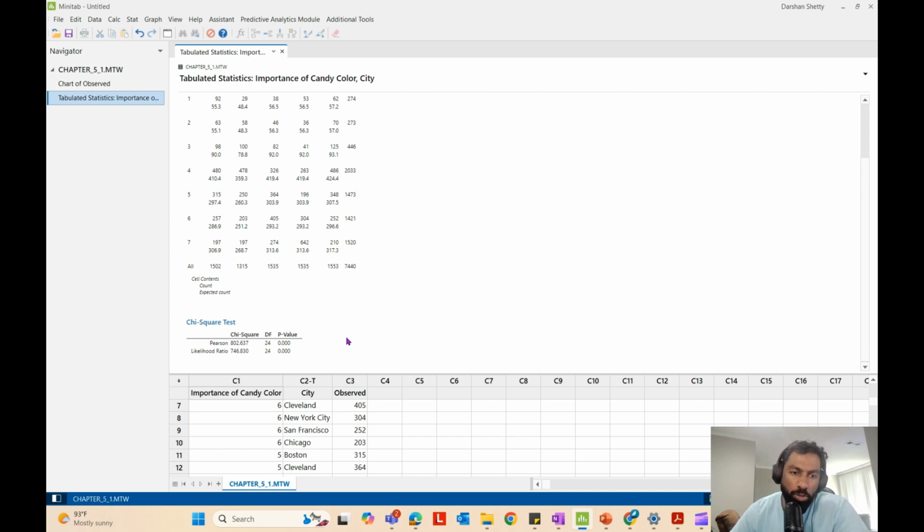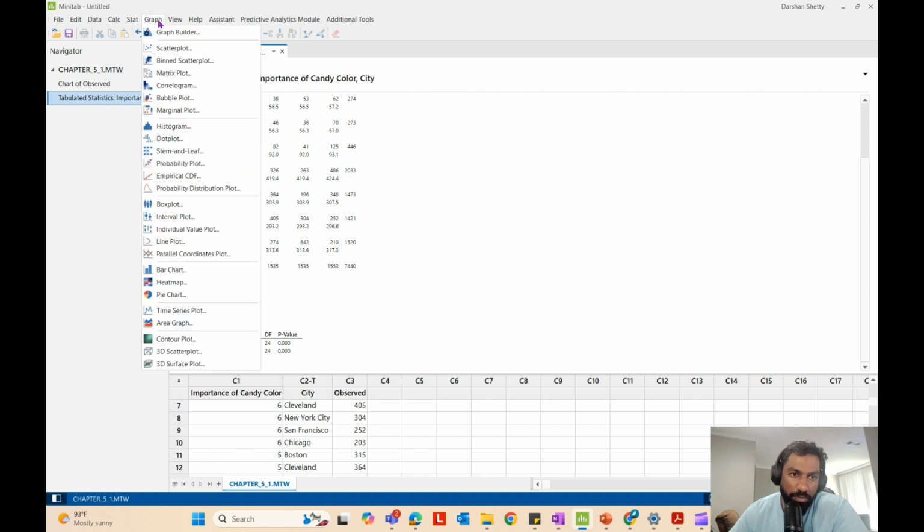Now, just to show how far we are from the critical chi-square value for a chi-square distribution of 24 degrees of freedom, we can plot a graph.